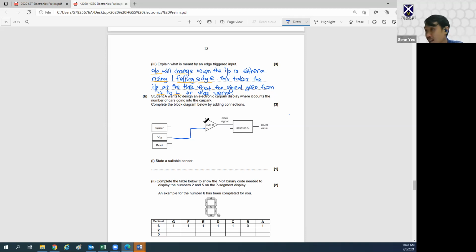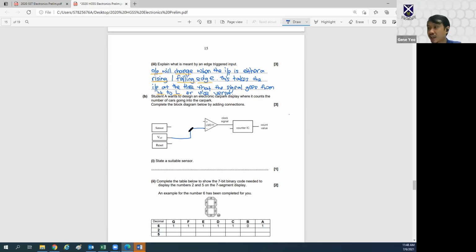In this case, if you draw the Vref going into the non-inverting, technically it will still work, depending on how you set up the sensor, whether it is high to low or low to high. If I'm not mistaken, you will still get marked correct. The problem is that it's not going to be as neat, because these two lines will have to cross.